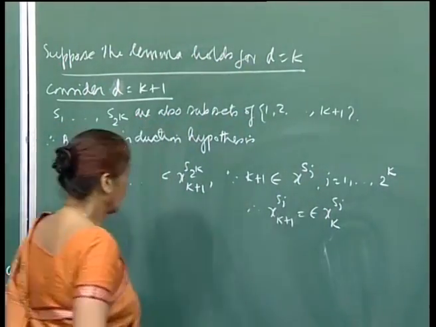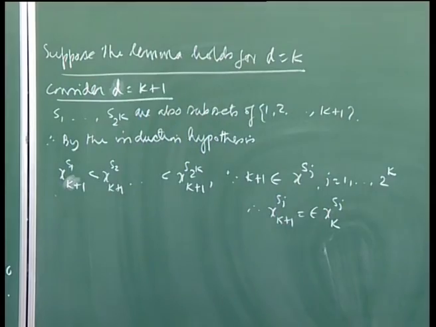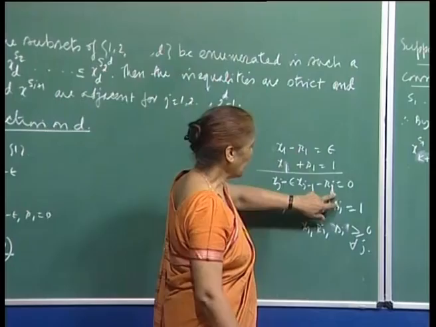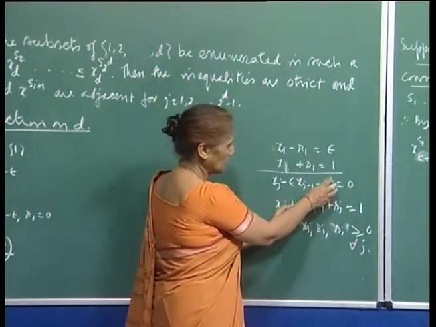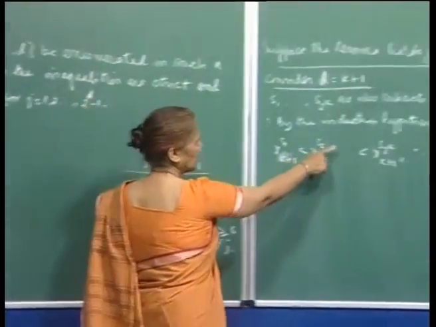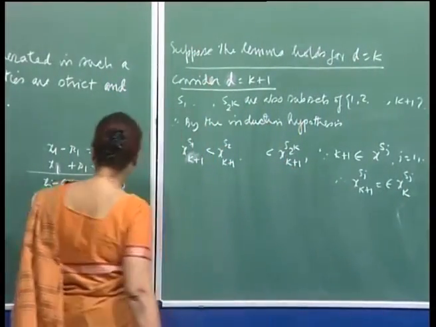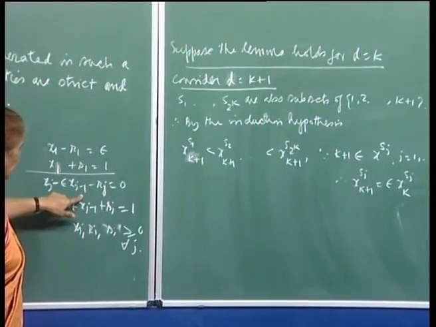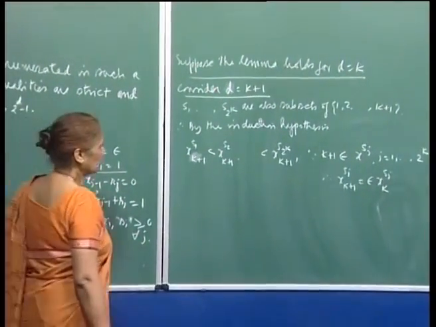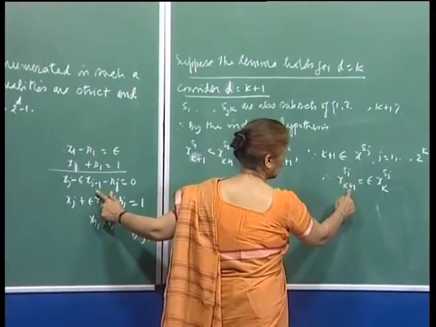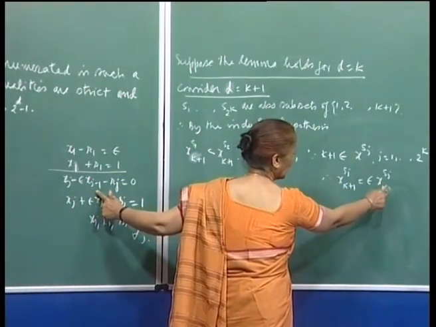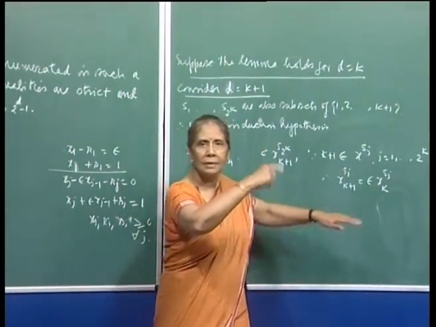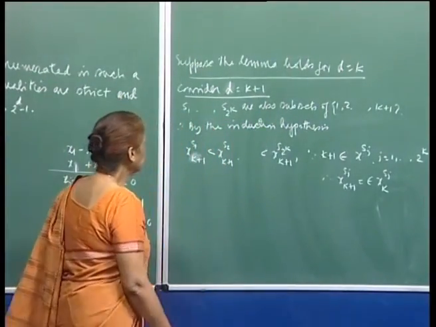Yeah, right. So, again from here only, if you consider this set of constraints for j equal to k plus 1, then this is 0, because all these subsets do not contain the k plus 1 component, and so x j is epsilon x j minus 1, right. So, that is what I am saying, x s j k plus 1 is epsilon x s j k, right. And since these are ordered, and epsilon is a positive number, these will also be ordered the same way, right. So, this is fine. Okay.